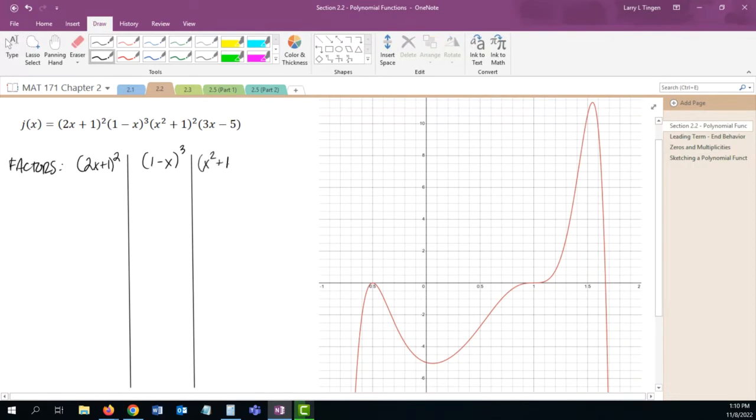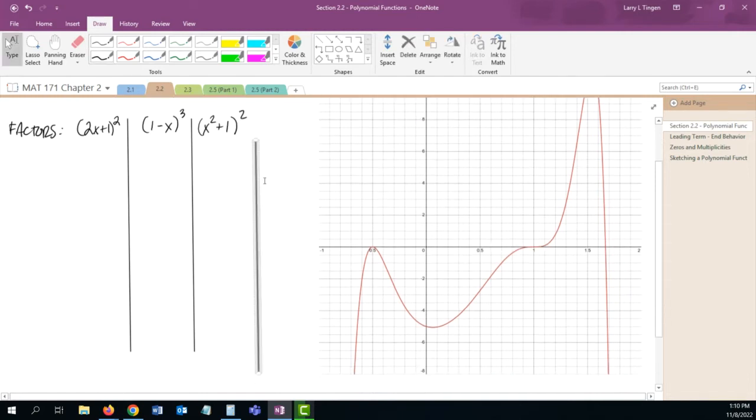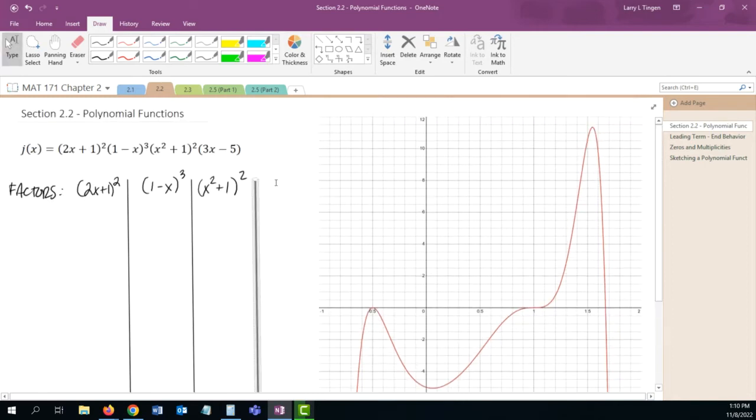Then x squared plus 1 squared. And last one, 3x minus 5. All right, so I've got factors.